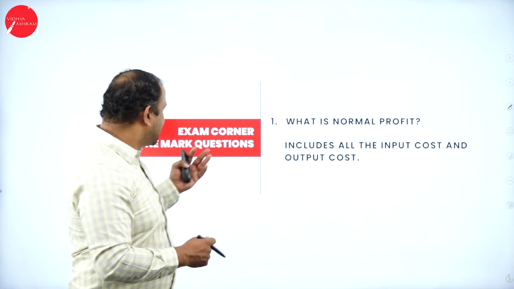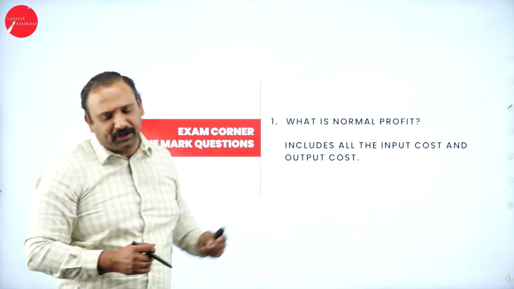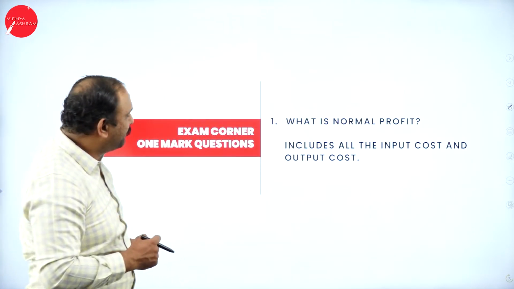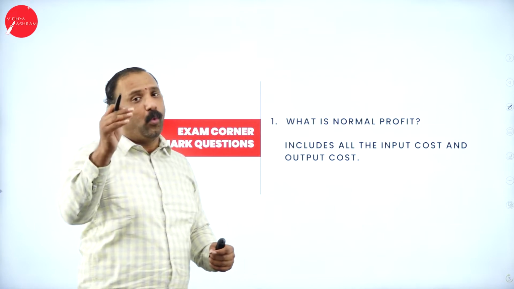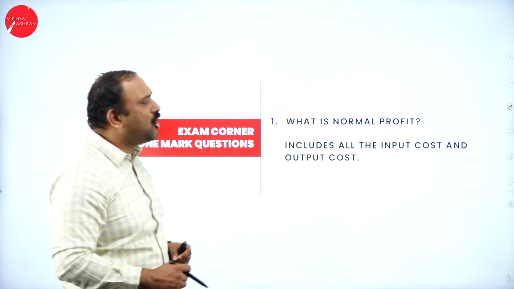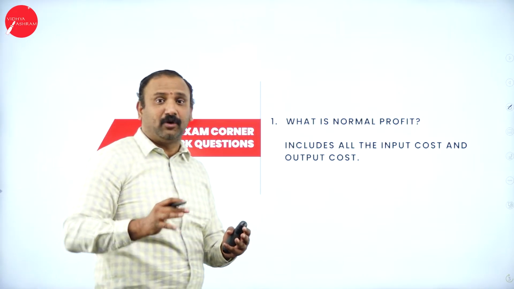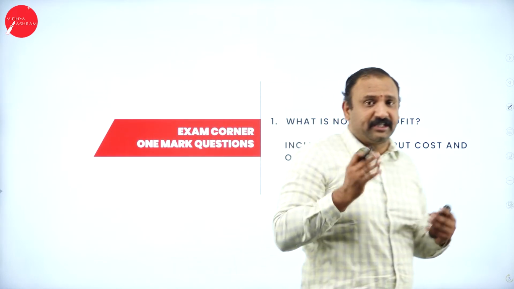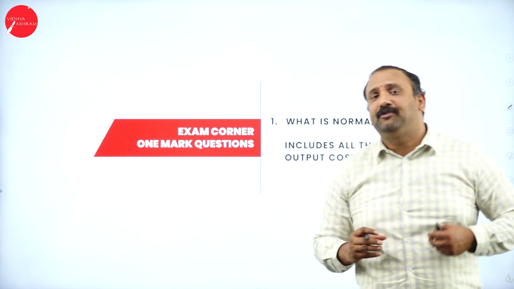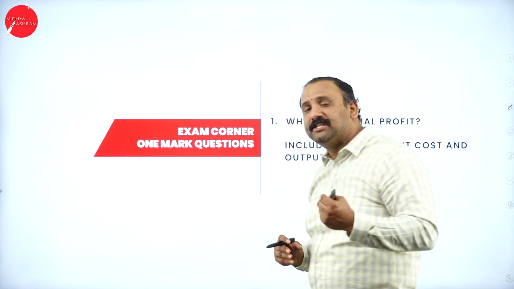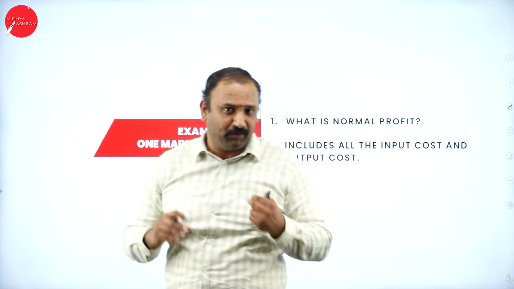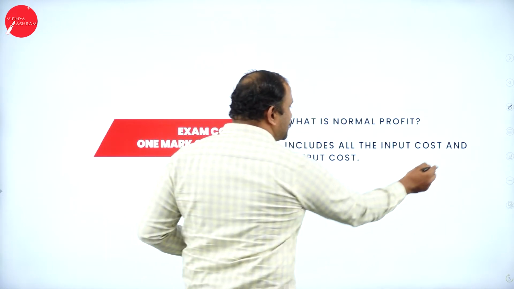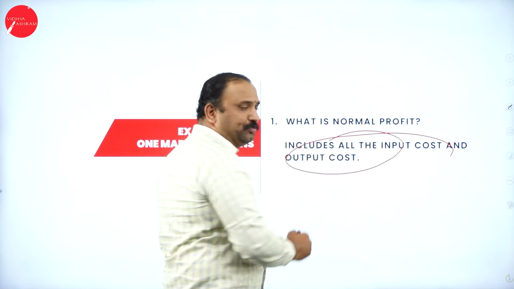Followed by, let's get into the exam corner, which is very, very important for all of us, starting with the 1-mark question. What is normal profit? Now, is there something called normal profit, sir? The answer is yes. Why? Because we have to first understand the concept of normal profit, which includes the input cost and output cost.